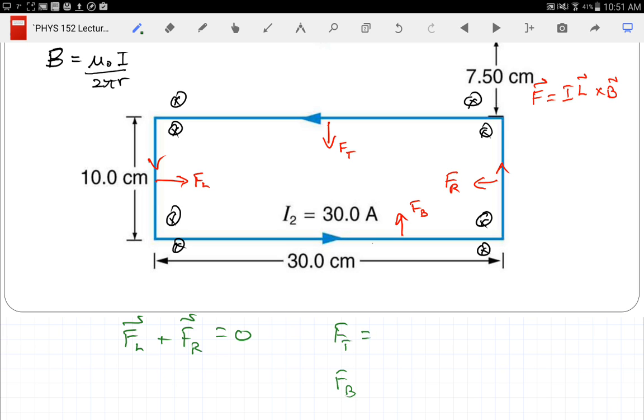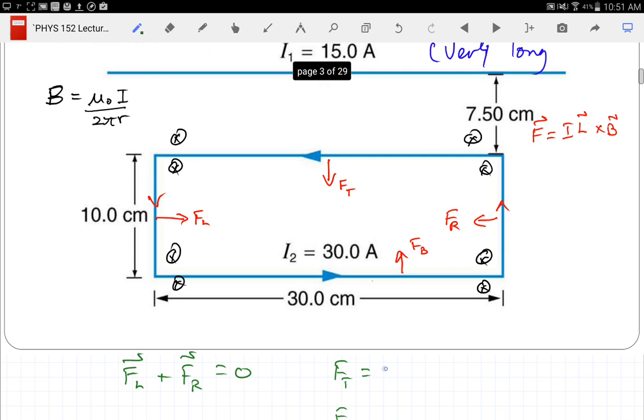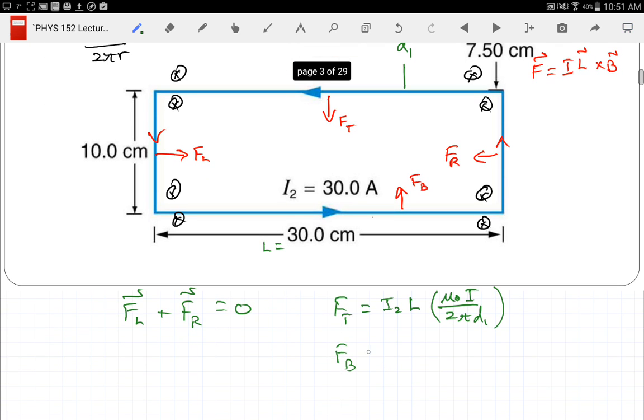So the force top would be equal to I2, since I2 is the current going through the loop, multiplied by the length of the top, which I'll just call L as 30 centimeters, times the magnetic field, which is mu naught I1 over 2 pi, and this distance here I'll call D1. So that's the magnitude of the force on the top. Its direction is down.